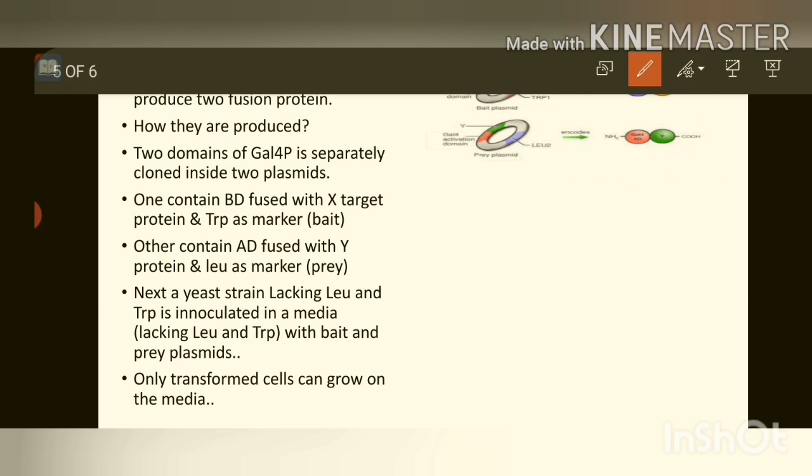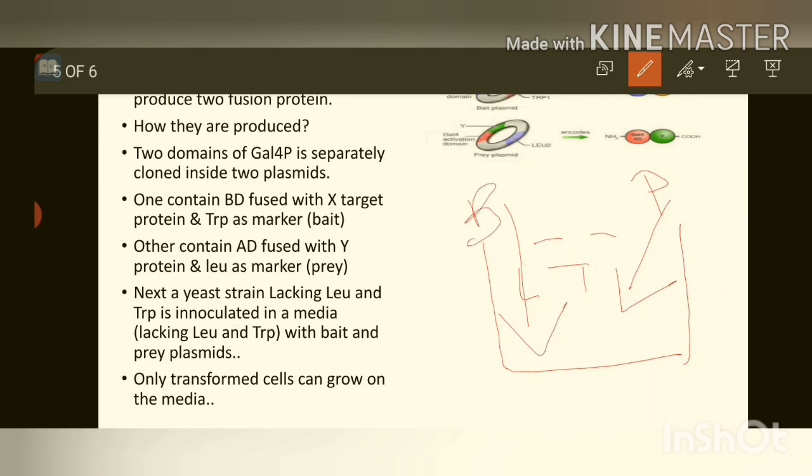The yeast strain used lacks leucine and tryptophan, and it is inoculated with the prey plasmid and bait plasmid in a media that lacks leucine and tryptophan.